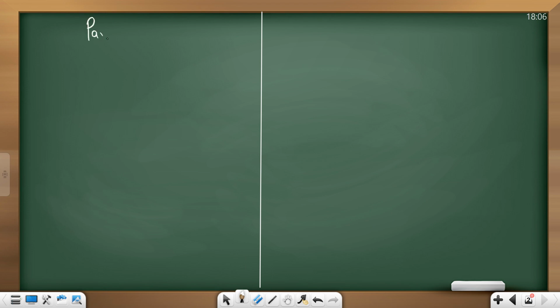Parts of trigonometry. Number 1, reduction. This is how I like to list it in this order. Number 2, quadrants. Number 3, proving identities.